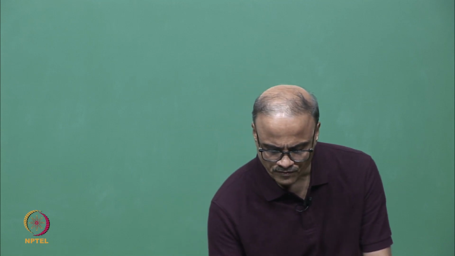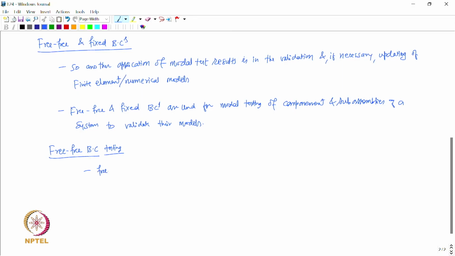Okay, so free boundary condition refers to no constraint to its motion in space.